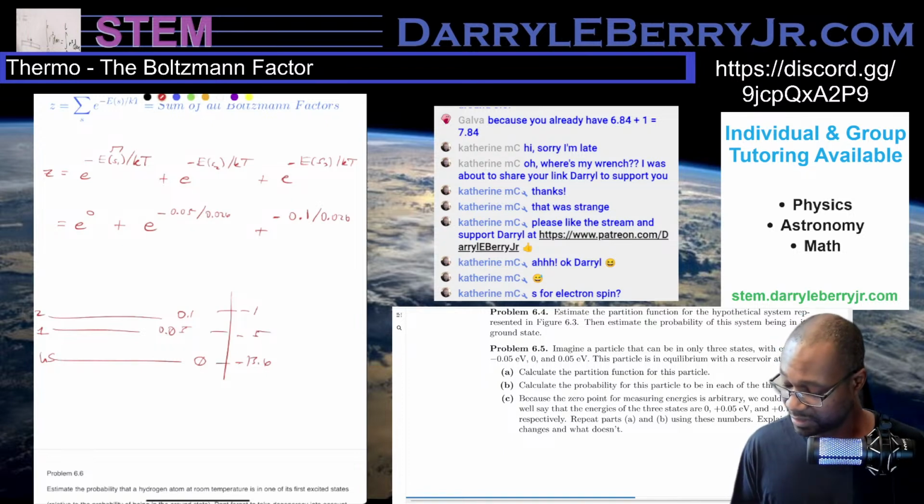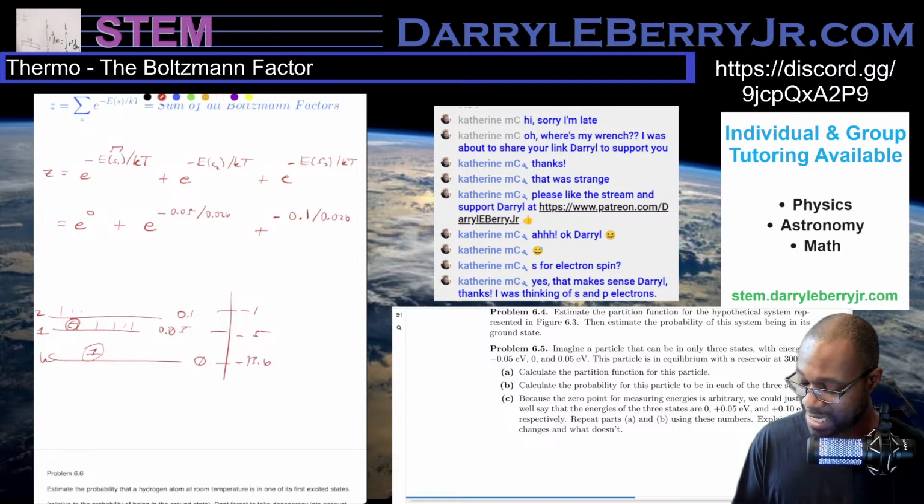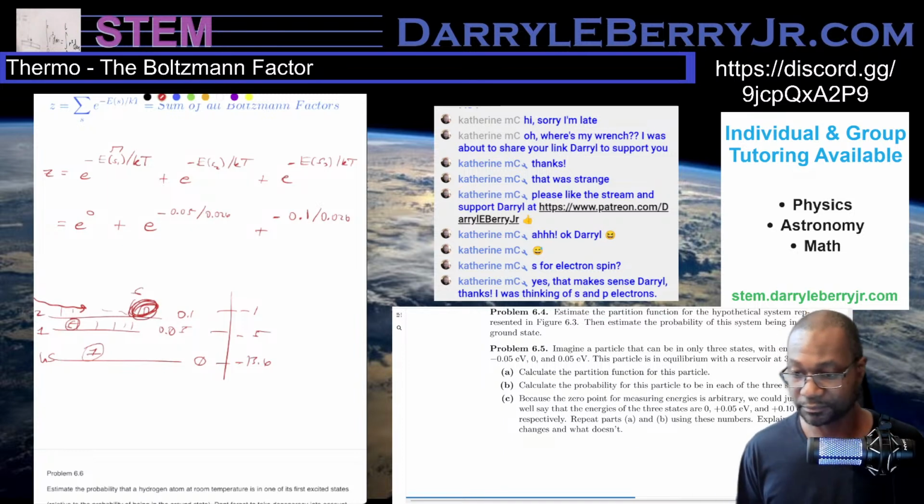But these are the energies of the electrons, and each state will have so many different degeneracies. Like you might have only one with this energy, but you might have 1, 2, 3, 4, 5 with this energy, and you might have 10 with this energy as you go up. And the degeneracies, like how many different states have that same energy, will determine the probability.